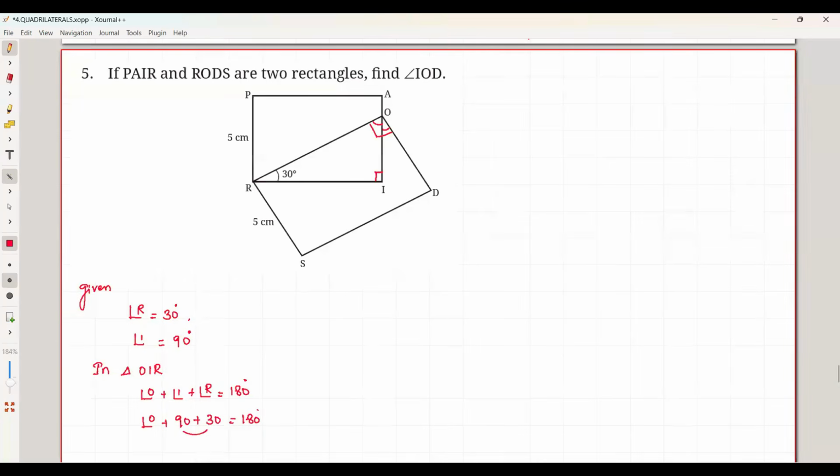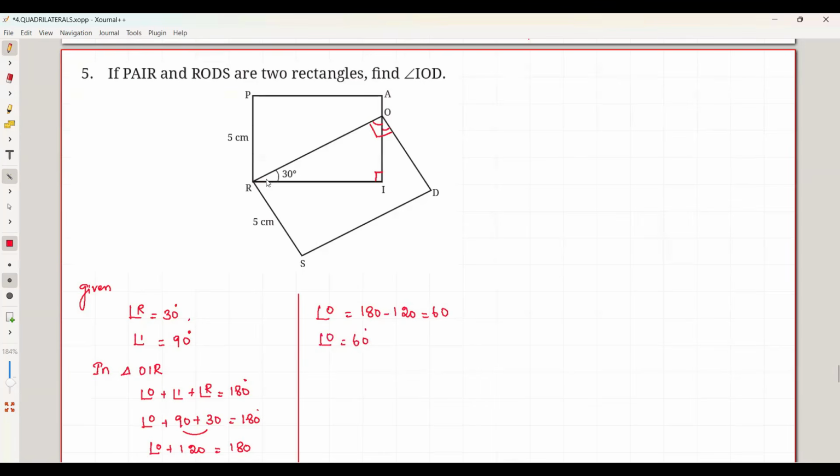Now 30 plus 90 is 120, so angle O plus 120 degrees is equal to 180 degrees. So angle O is equal to 180 minus 120, which is 60 degrees.